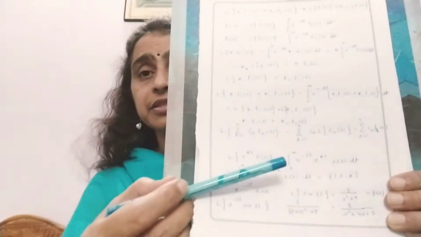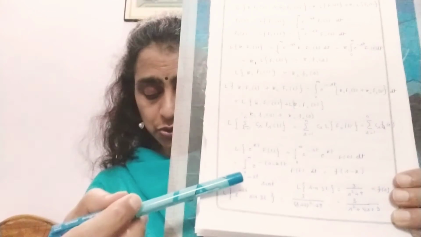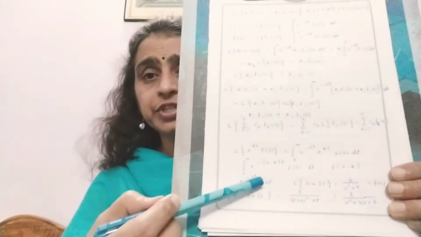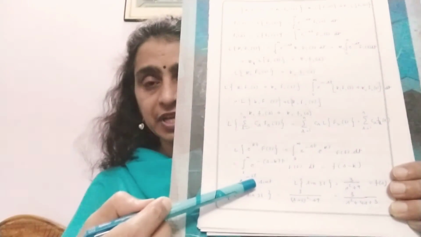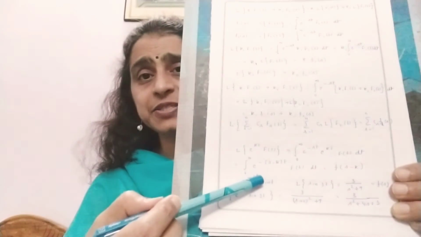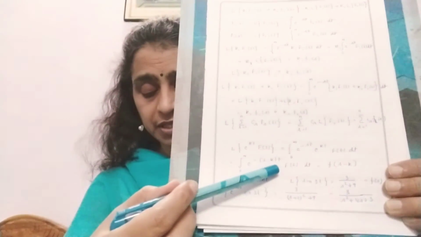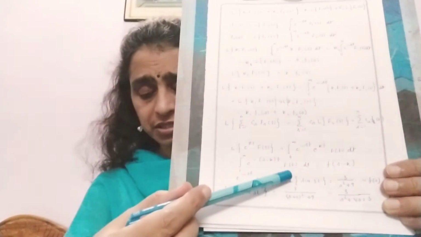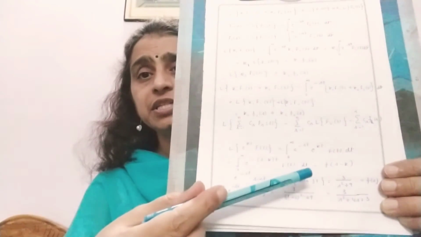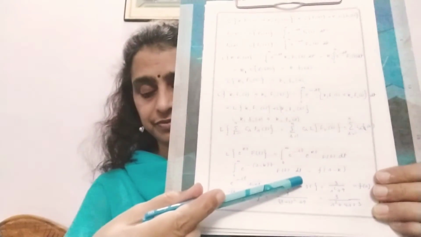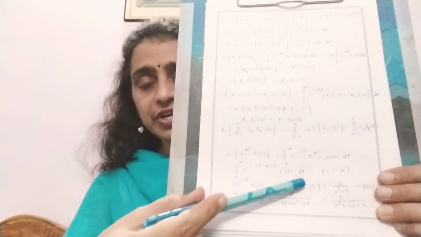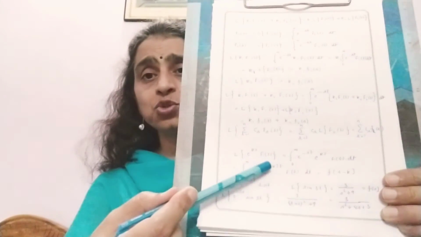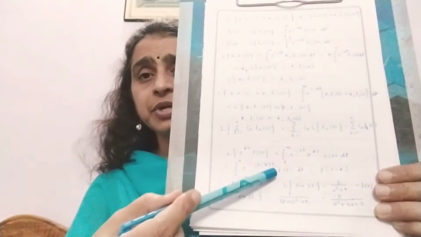And again write down, this is equal to integral 0 to infinity e^(-(s minus k)t) f(t) dt. This is very simple. What we have done? We have written the exponential quantities into one single form.